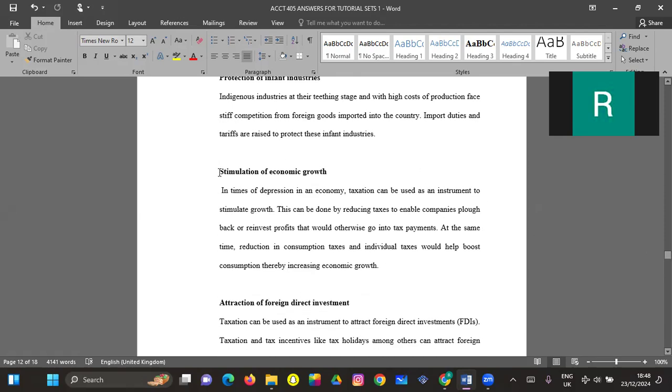Stimulation of economic growth. In times of depression in an economy, taxation can be used as an instrument to stimulate growth.